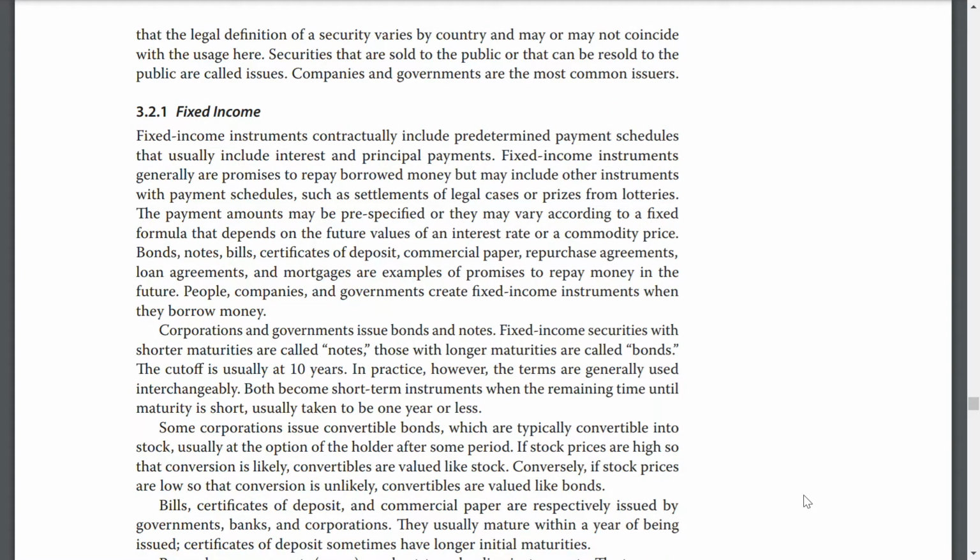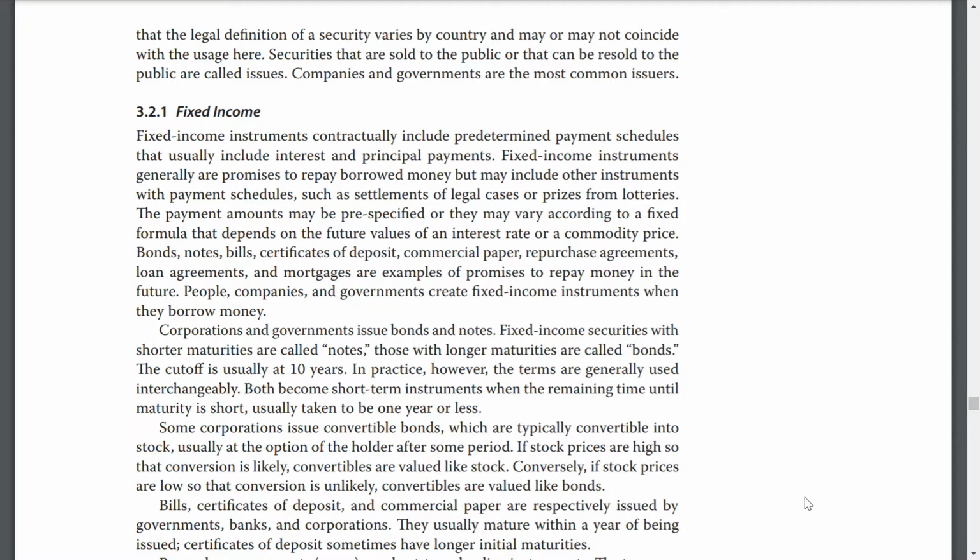Fixed income instruments contractually include predetermined payment schedules that usually include interest and principal payments. Fixed income instruments generally are promises to repay borrowed money, but may include other instruments with payment schedules, such as settlements of legal cases or prizes of lotteries.